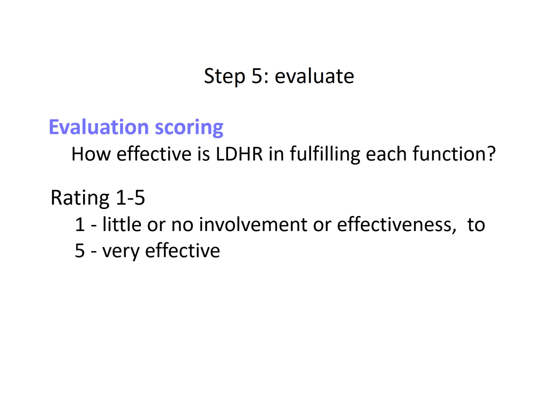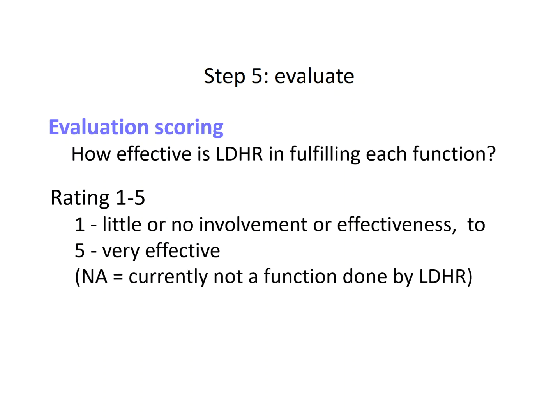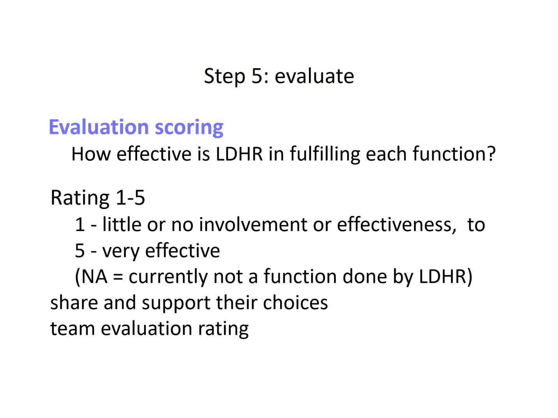Now, of course, it's possible that the element is not done by LDHR, or it's not appropriate to the country stage that you're in. In that case, you can just use NA, not applicable. Once again, each person should share and support their personal rating, but you should also come up with an agreement on your team's evaluation rating.